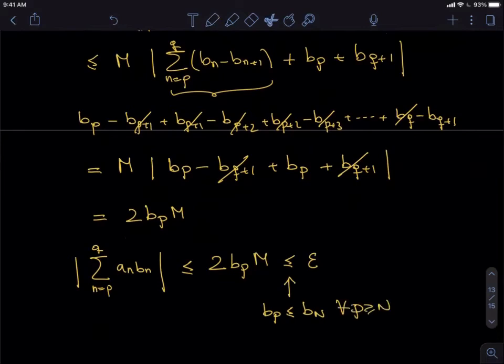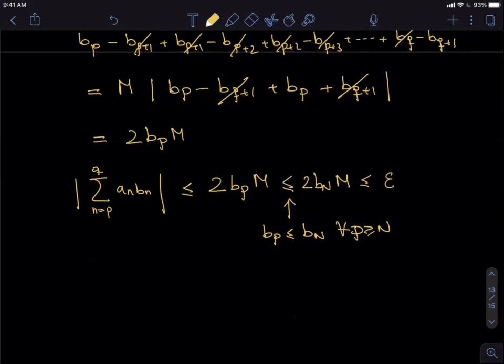So here actually I can just write 2 b_N M and choose N such that b_N is less or equal than epsilon over 2M.